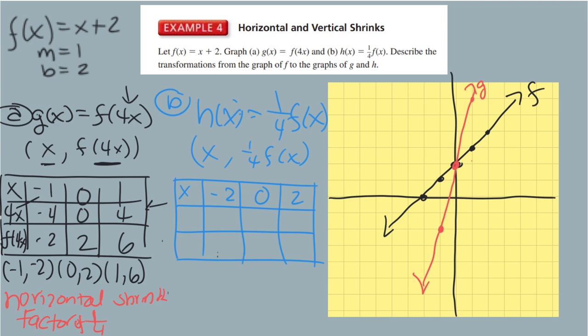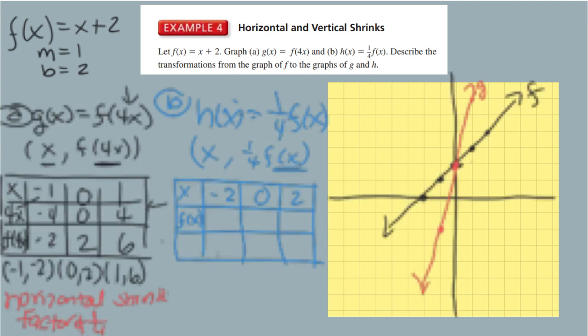What are we solving for? Right here, f of x, which is what? When I plug in -2, so now we have -2. Remember, f of x is the parent, so -2 plus 2 gives us 0. 0 plus 2 gives me 2, and 2 plus 2 gives me 4.